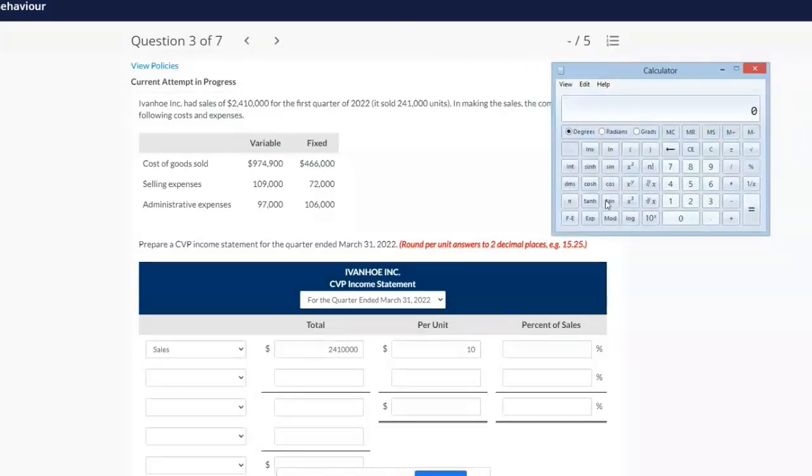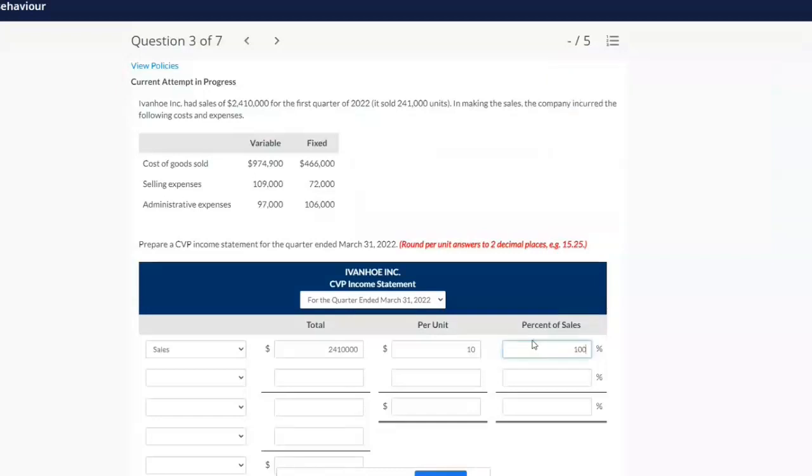We set sales at 100%, and then everything has a percentage of sales. Okay, so next is variable costs.